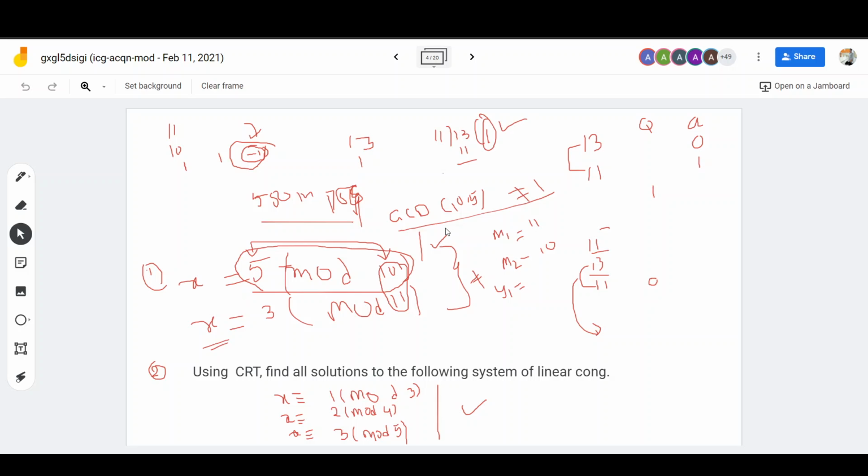Compute phi of n. How are you going to compute it? We know how to find the phi of n value. We write phi of pq, which is equal to phi of p into phi of q. So phi of p is equal to p minus 1 and phi of q is equal to q minus 1. That's why you need to write these two.